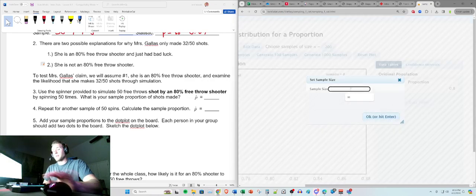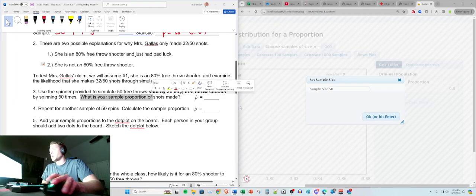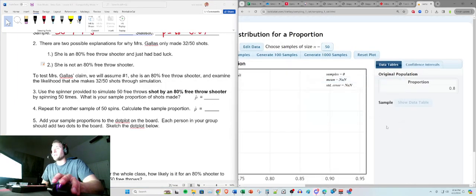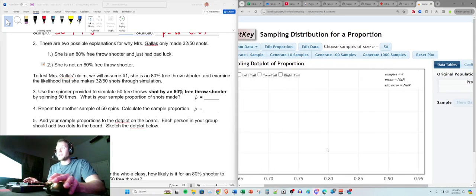And we're going to take samples of size 50. You'll notice on the sheet that you have, it says use the spinner to simulate 50 free throws by an 80% free throw shooter by spinning 50 times. We're not going to do that. We are going to use StatKey to help us with this. So we're going to simulate this happening once.